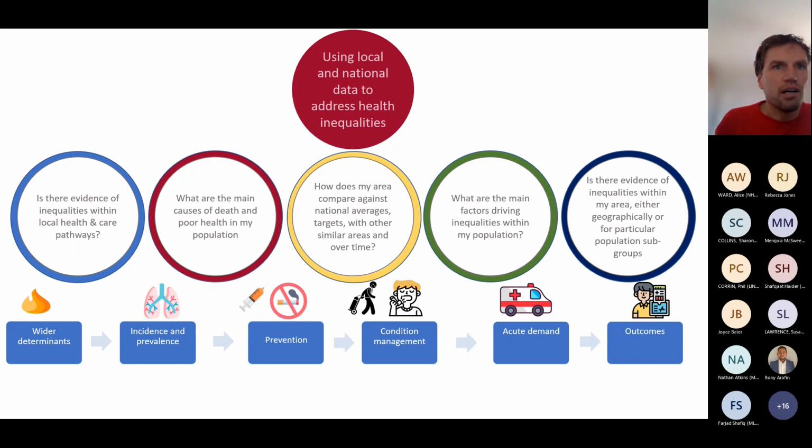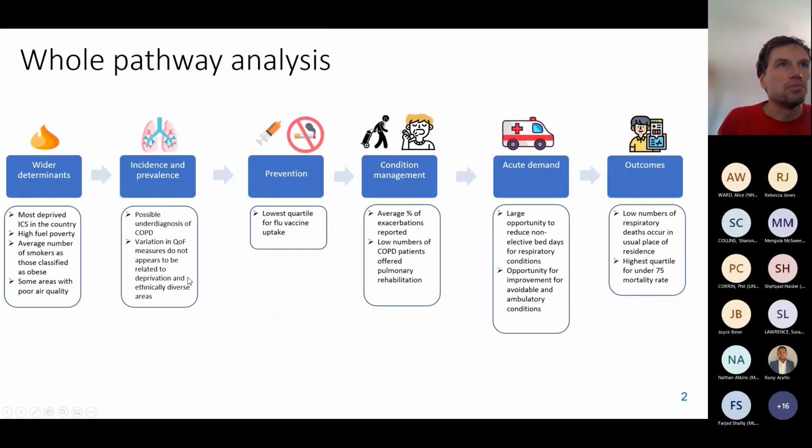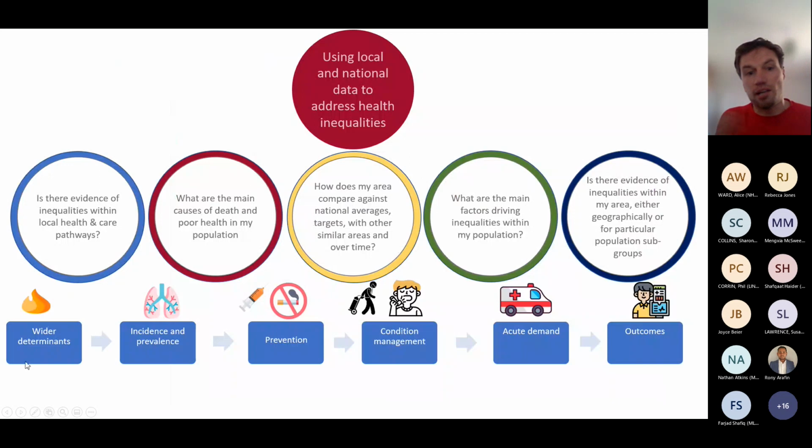So the boxes along the bottom are things like wider determinants, so what causes the condition; incidence and prevalence, how many people have the condition; prevention, how can we stop people having the condition; condition management, what can we do to manage it; what impact it has; and then ultimately what happens to the people in the system in general with that condition.